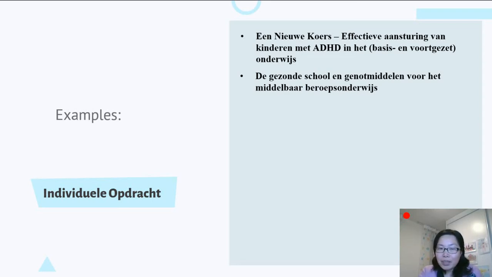And the second one is about a healthy school and the stimulants for the secondary vocational education. So these are 2 examples that previous students have adopted. So these are 2 types of education intervention which haven't been empirically tested yet.